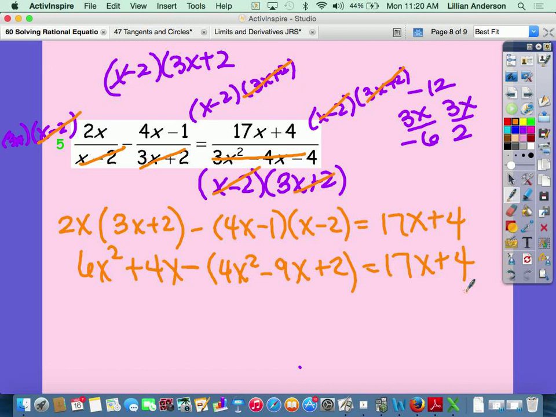Going to distribute my negative over. 4x and -2 make -8, and then -1x makes it -1x, so -8x minus 1x is -9x.